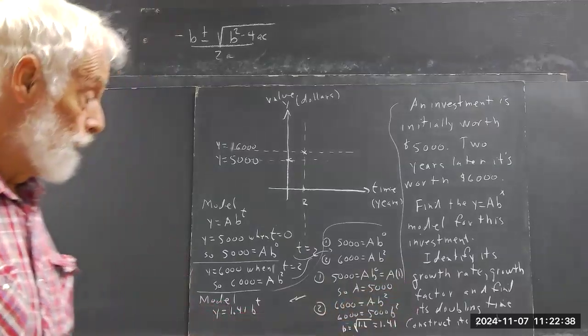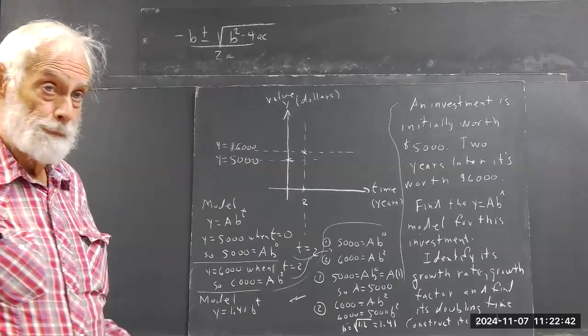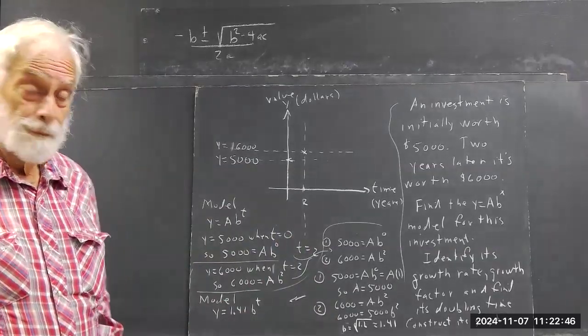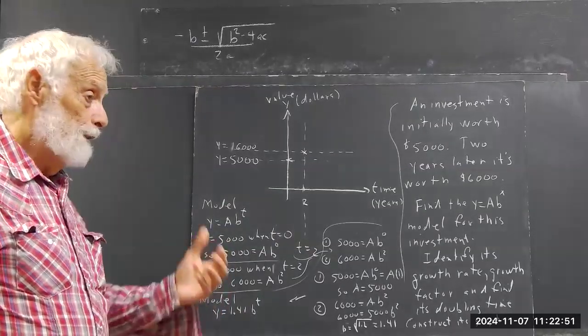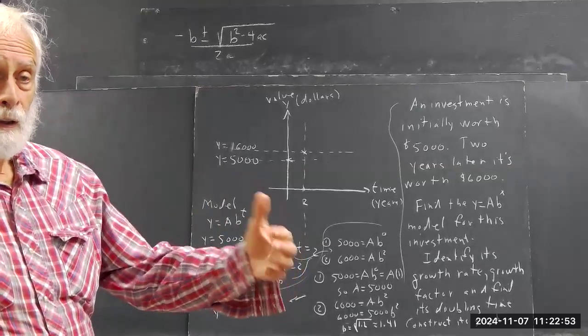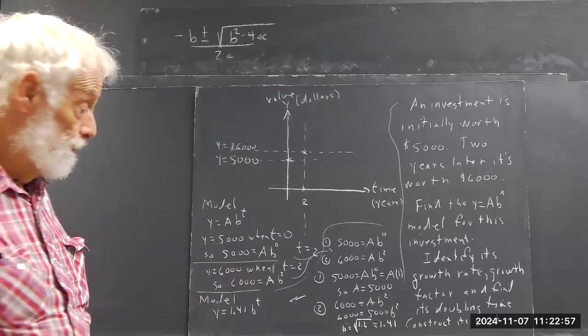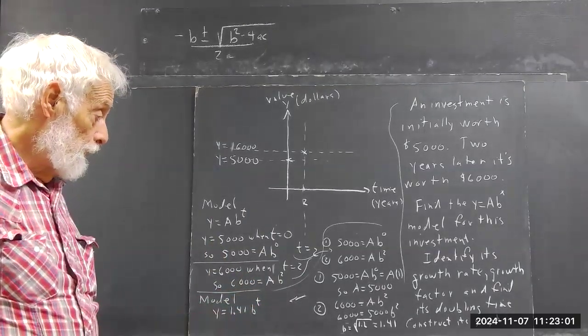Okay. The easiest model to do is A B to the T, because you don't have to use any logarithms. If you try to do A times 2 to the KT or A times E to the KT, you have to use logarithms. We get all our information here.